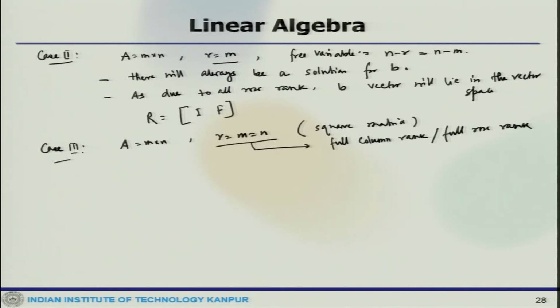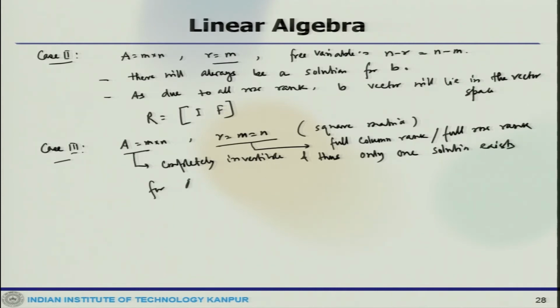Now, which means A is completely invertible, and thus only one solution exists for Ax equals b, which means my row reduced form will have this. So, only one solution exists. When you have full rank, either full column rank or row rank, this is what is going to happen.